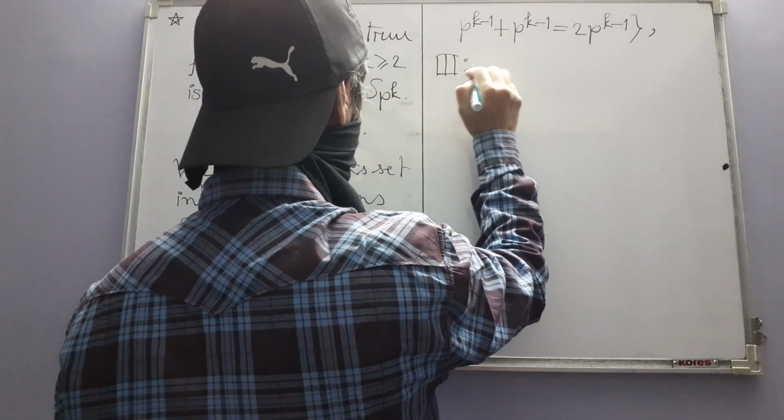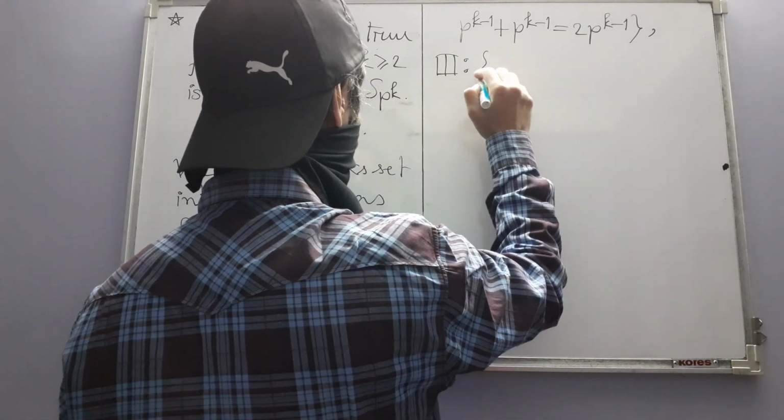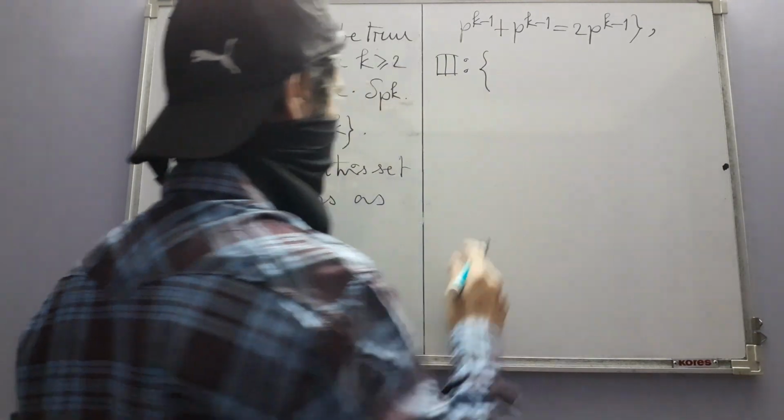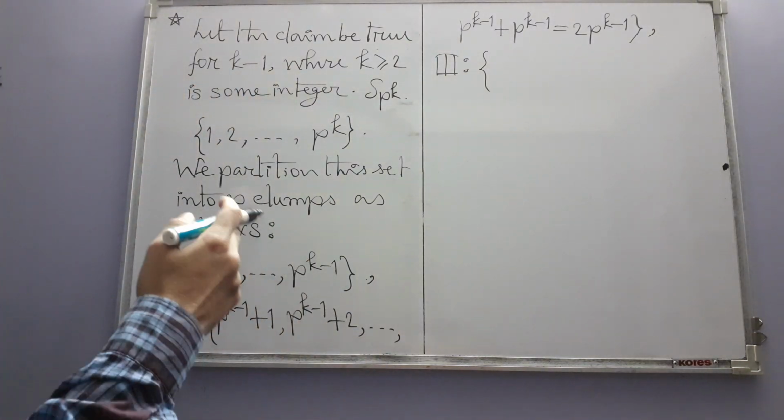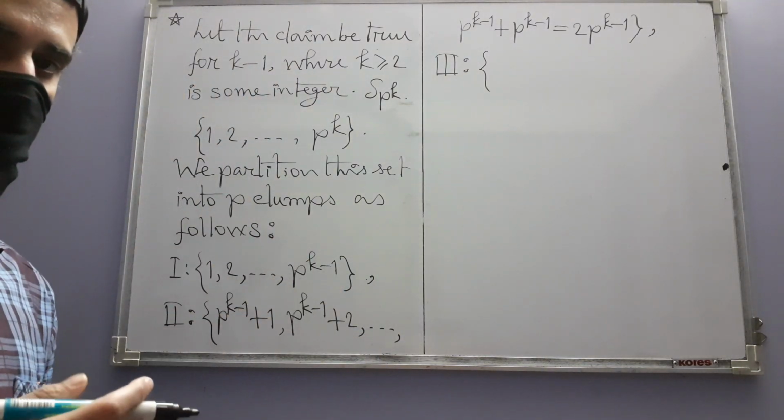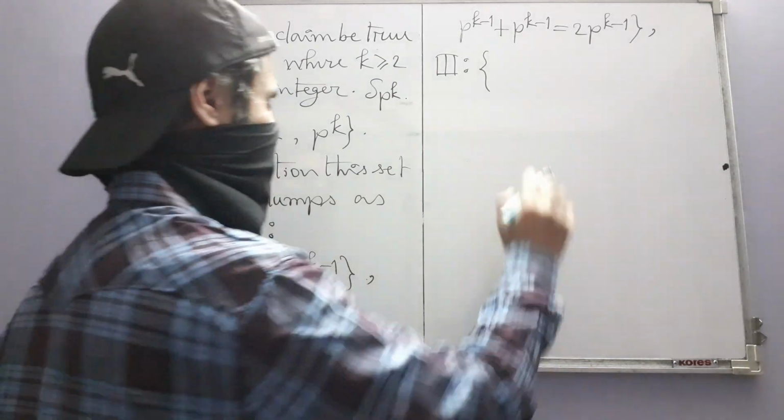Let's see the pattern more clearly. Just one more. So next we are going to start from 2 times p to the power k minus 1 plus 1, the next integer.